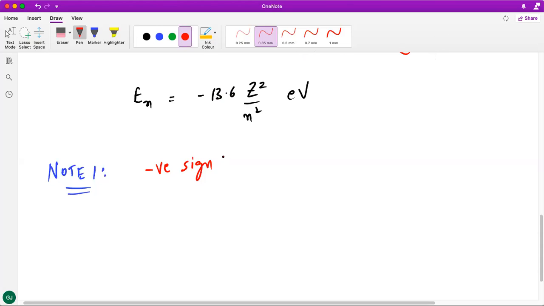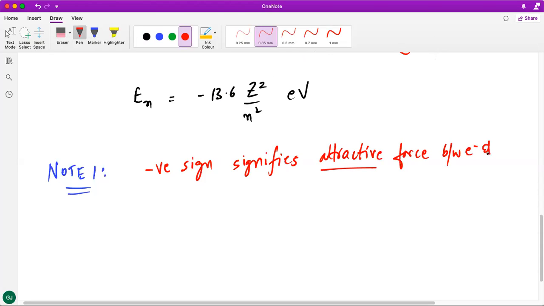This negative sign signifies electrostatic attraction. It signifies the attractive force between electron and nucleus. That is what this negative sign does.